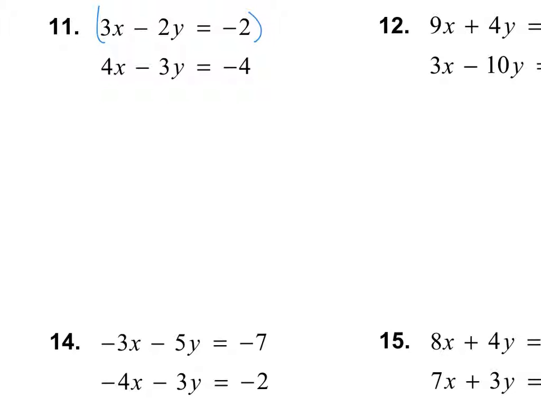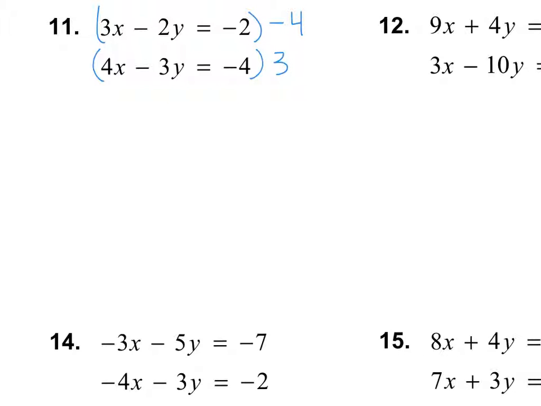On this one, we actually have to change both equations because I can't make a 3 into a 4. But what I can do is multiply this top equation by a -4, and then the bottom equation by a 3.